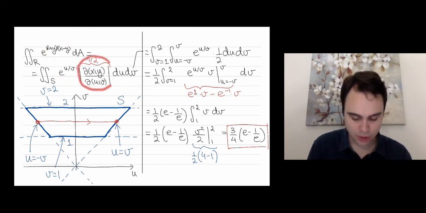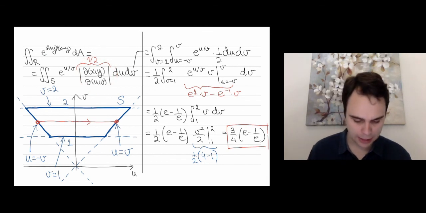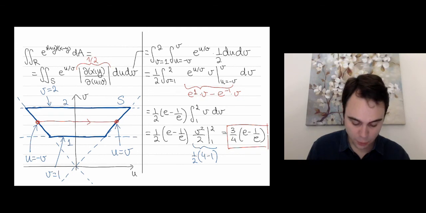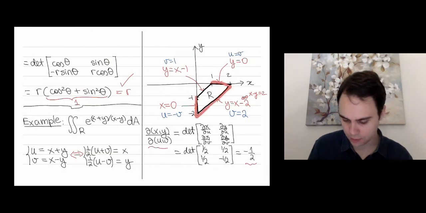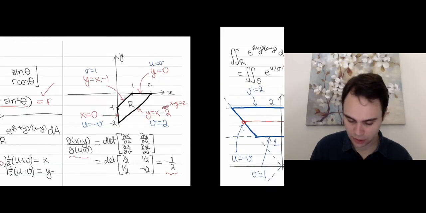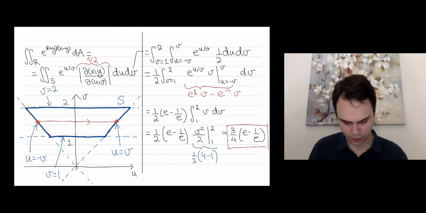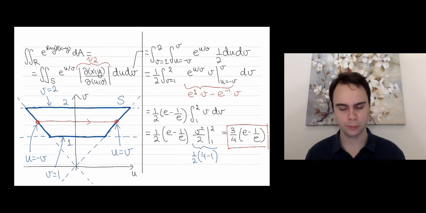The Jacobian determinant was manageable, it was just a constant, a half. It's fine to integrate. And because the original region, in terms of u and v, remained manageable, I was able to set up the double integral without much trouble.